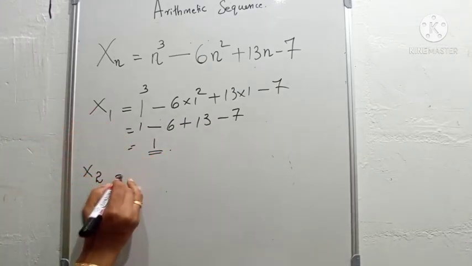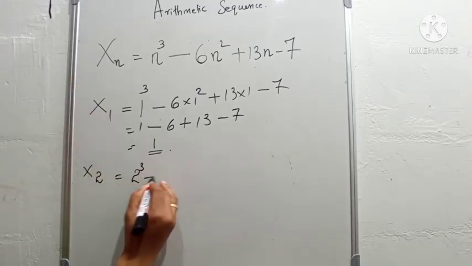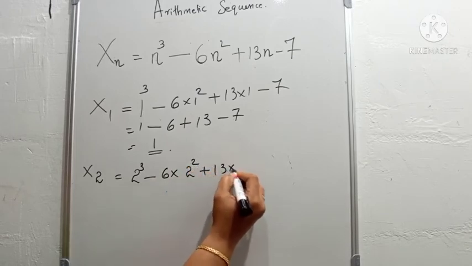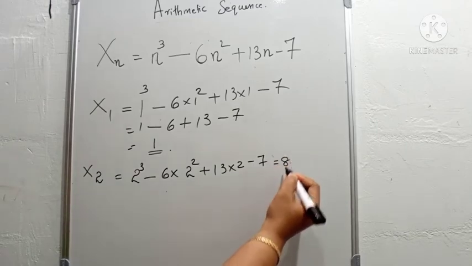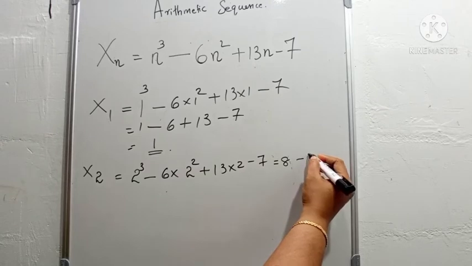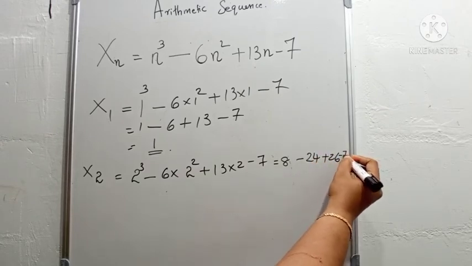Then what about the second term? x2 is equal to 2 cube minus 6 into 2 square plus 13 into 2 minus 7. That is equal to 8 minus 6 into 4, which is 24, plus 26 minus 7.